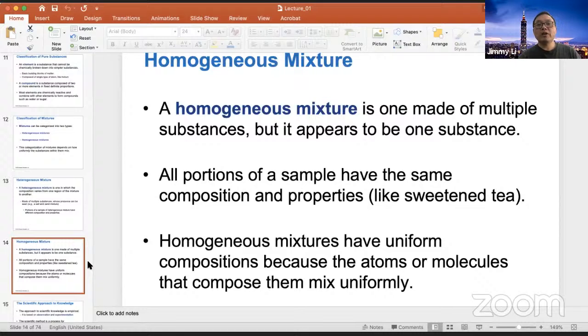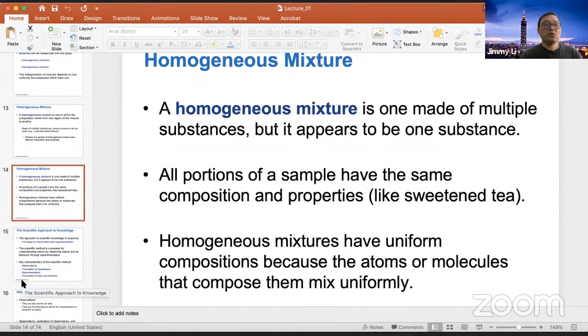Again, their appearances. Do they have a uniform appearance? When you have a sugar and water mixture together, we call it a homogeneous mixture because sugar mixes really well in the water. When you have, let's say, grease and fat in water, you don't have a homogeneous mixture. That's something we call heterogeneous.